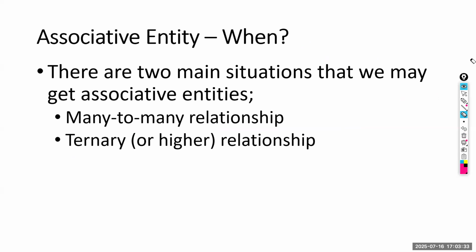Okay. So, what are the possibilities of associative entities? Many-to-many relationships, whether unary, binary, or ternary, and in general, ternary relationships or higher. That is where, not always, you can end up with an associative entity.